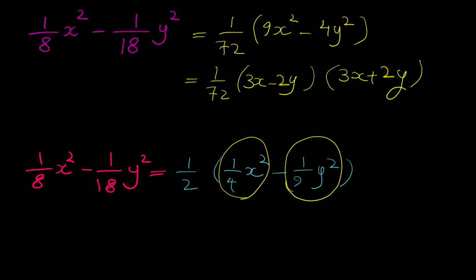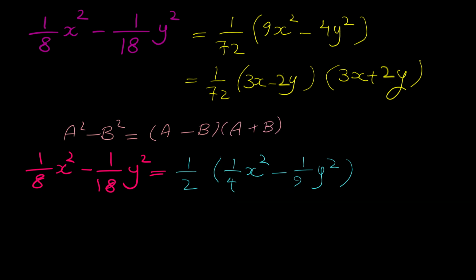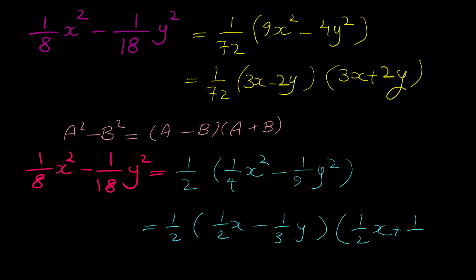And again, with the aim of the difference of squares identity, we can factor the bracket. So we can factor this in the form of 1/2, then 1/2 x minus 1/3 y times 1/2 x plus 1/3 y. This is another form of factoring this expression.